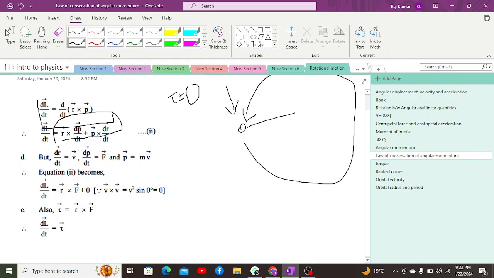Both of these terms when added give us a constant result.